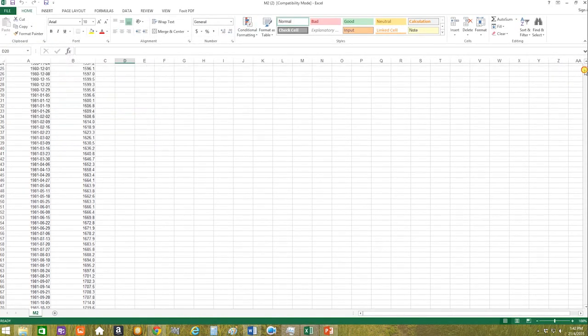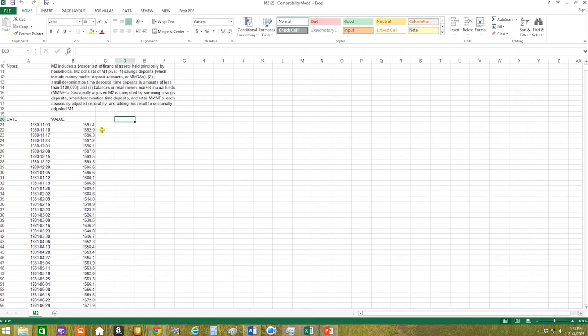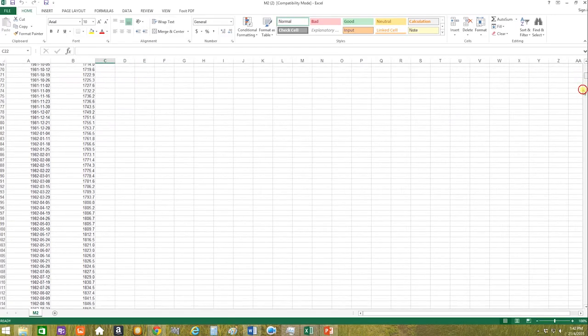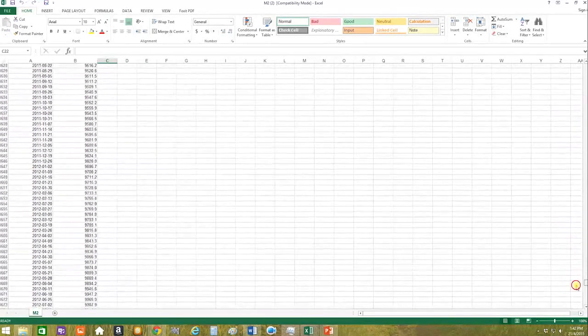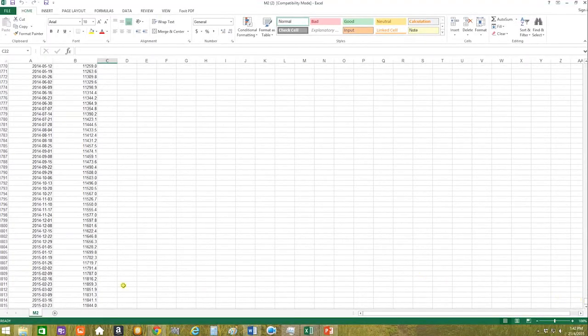And you can see here, we just have two columns. We have the date and the value of the money supply. And then we're going to be working out the changes. And we get all the data coming all the way up to present day.